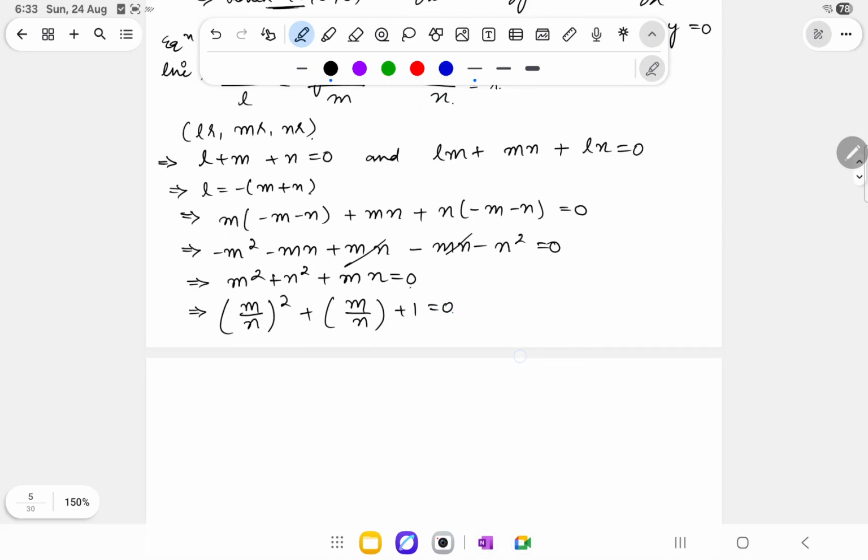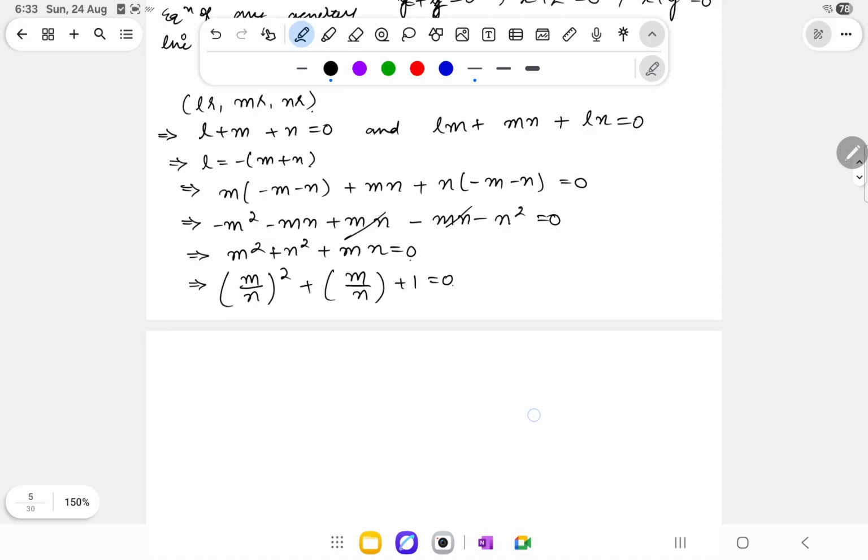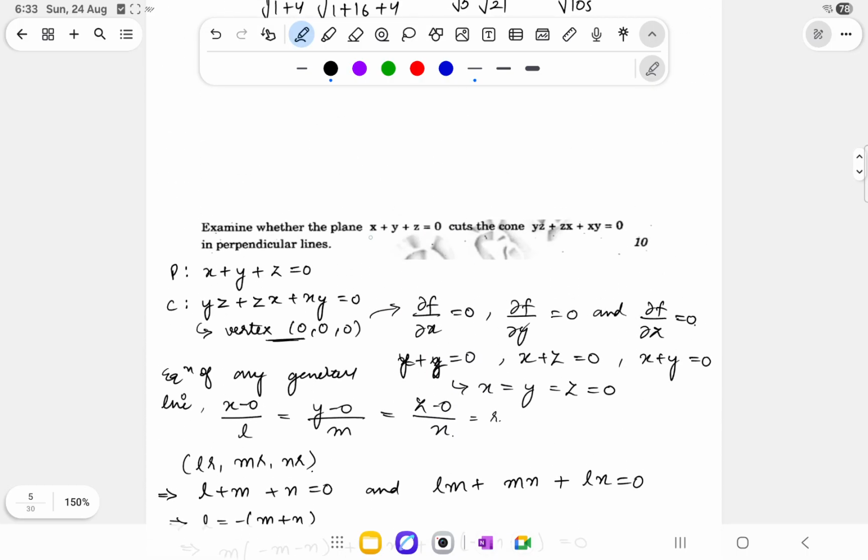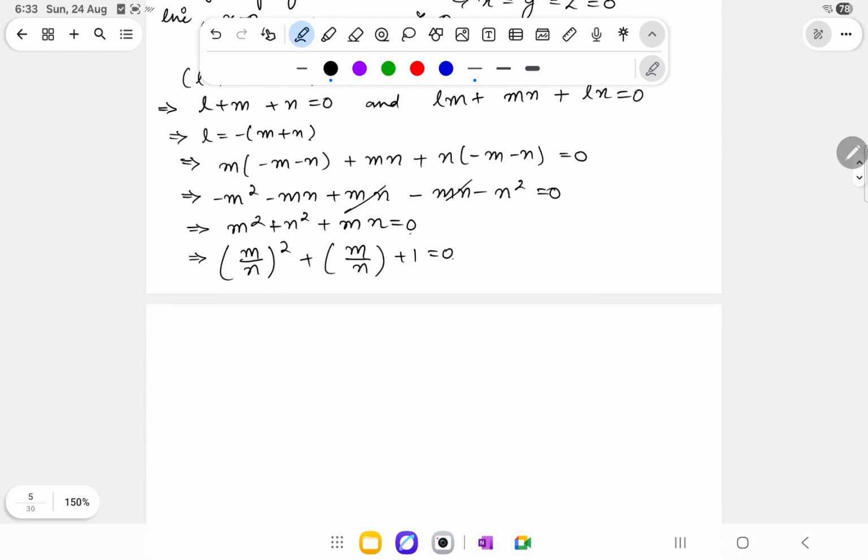So it is a quadratic equation in m by n, and we are supposed to check whether the plane cuts the cone in perpendicular lines. The plane will cut the cone in perpendicular lines if it satisfies the relation summation l1 l2 equals 0. So from here we calculate the product of the roots, which is m1 by n1 into m2 by n2, which is 1 upon 1, which is 1 only.